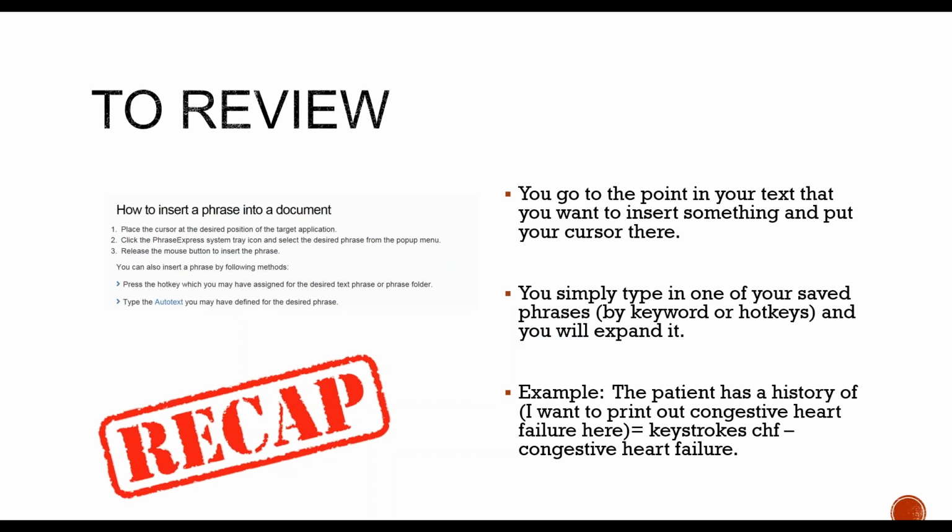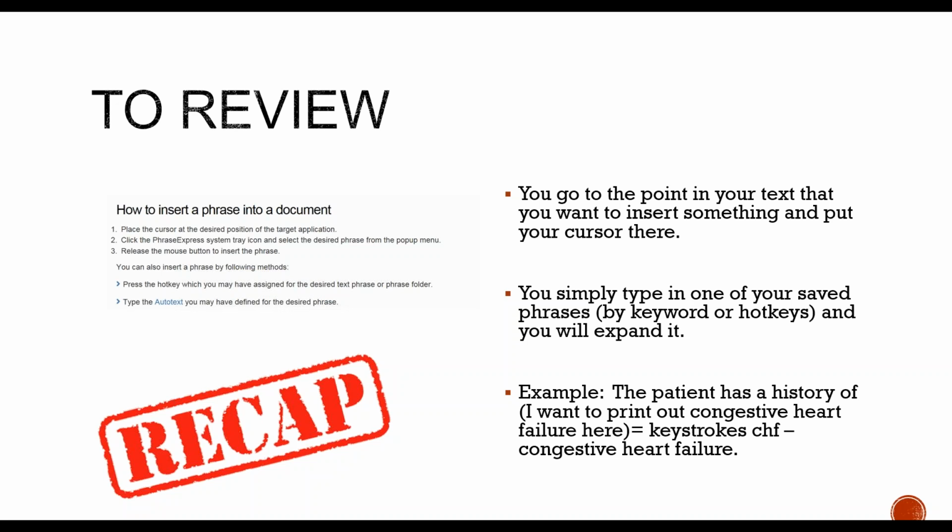So to review, basically with any word expander, you're going to go to the point in your text that you actually want something to be inserted. That's really important too. Not only do you want it to be the right phrase, such as Miss Seton, but you also want it to be in the right place. So if your cursor isn't in the right place, you're going to print it out somewhere it shouldn't be, and then you're going to have to move it, delete it, and so on.